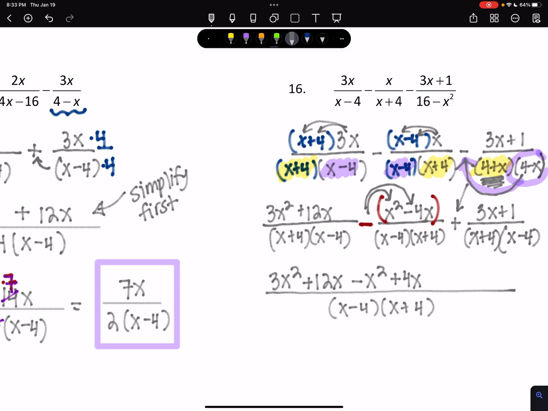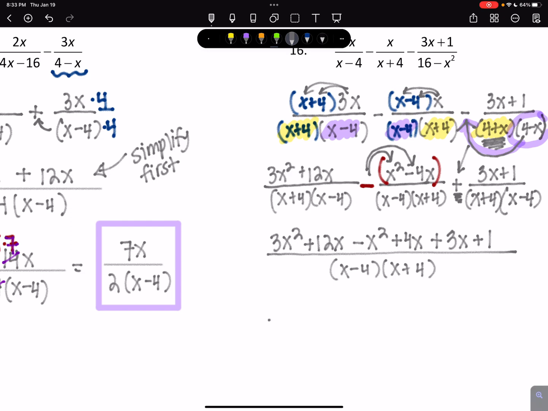And then my positive sign right here just gives me plus 3x plus 1. Now I've got 3x squared minus x squared is 2x squared. And then 12x plus 4x plus 3x is 19x. And then I have a positive 1. And then I have x minus 4 times x plus 4 in the denominator.